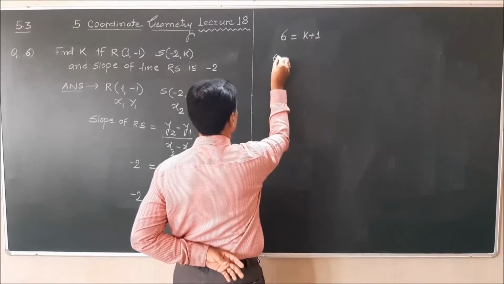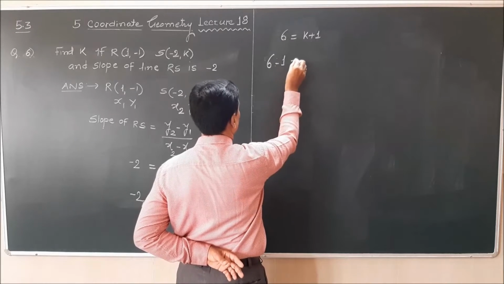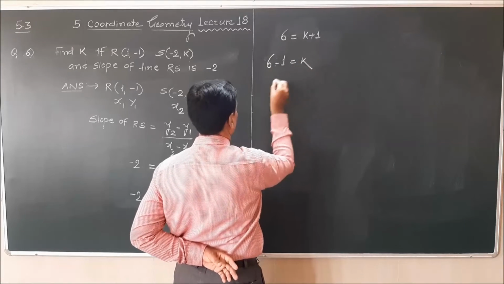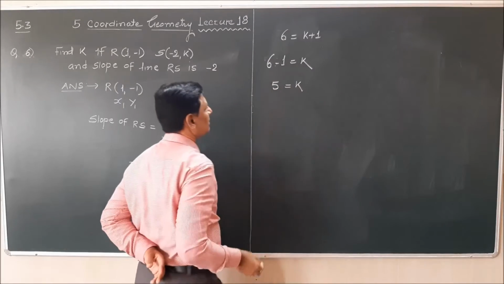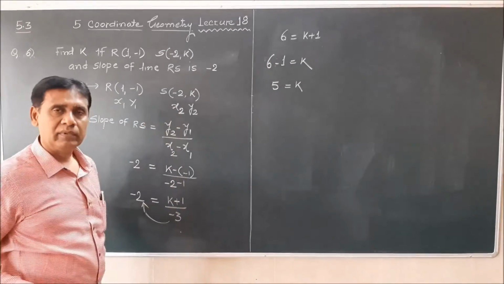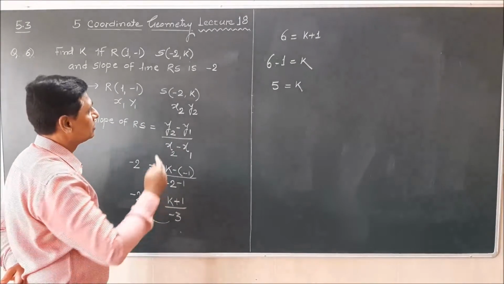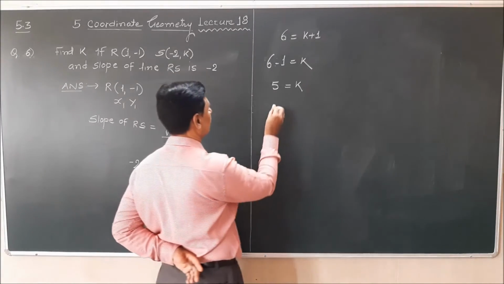So 6 minus 1 is equal to K, or 5 is equal to K, because if we transfer 1 to the left hand side, it becomes minus 1. So 6 minus 1 is 5. So K is equal to 5.